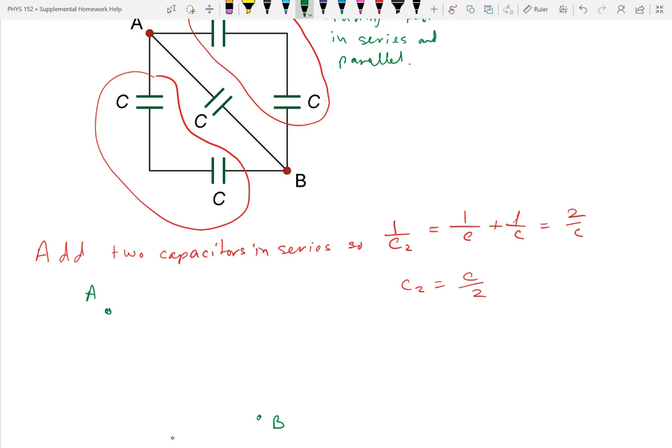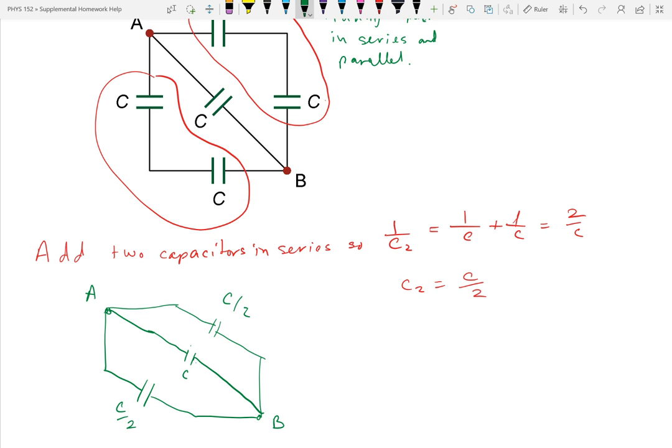I have C here, C over 2 there, and C over 2 there. The middle one has remained unchanged, but I replaced each pair that was in series with an equivalent.